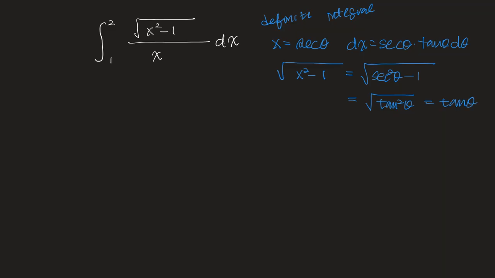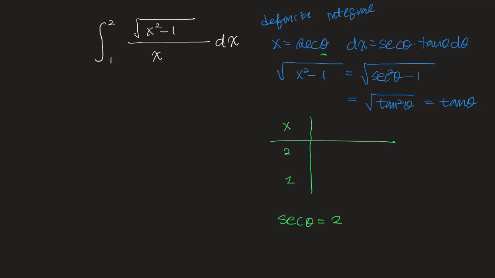You have one more step in this integration because the boundaries are in x. So we're going to find the theta here. What is the theta going to be? If you watch my video, here the x values are 2 and 1. We are looking for the theta, right? So first you have to solve this one: secant theta is 2. Guys, make sense?